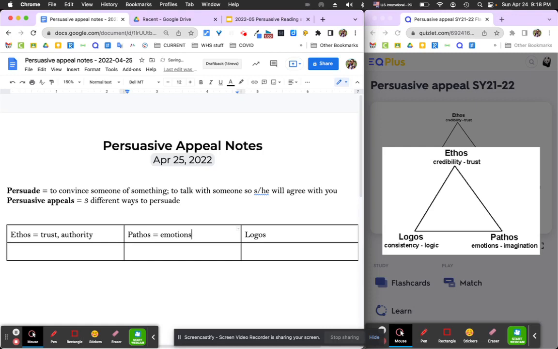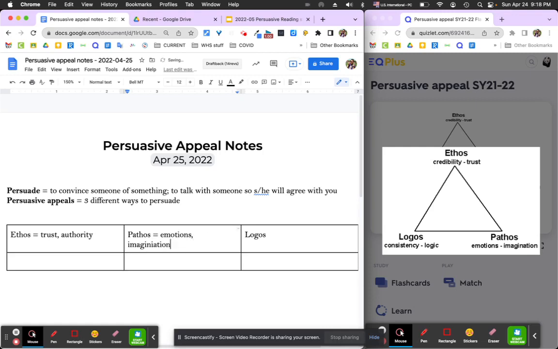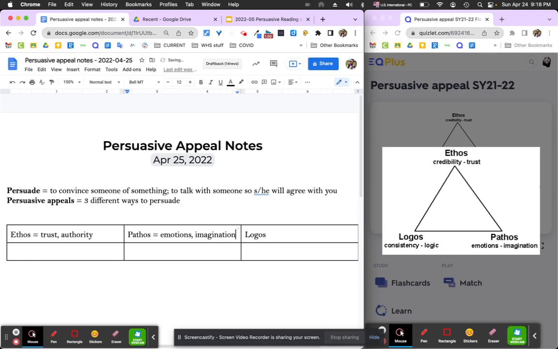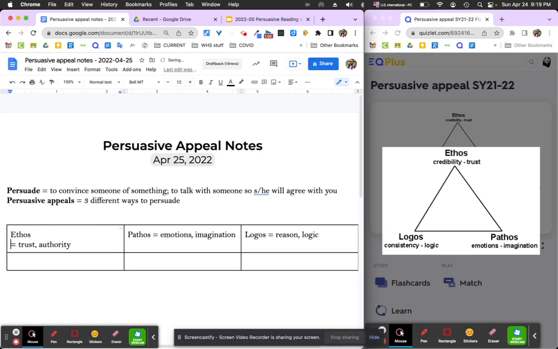Oh, that one's new for me. Imagination as well. And logos is going to be your reason or logic. So those are the three ways to categorize these persuasive appeals: ethos, pathos, and logos. That's your definitions. I'm going to put them on separate lines so you can see that, and then we're going to go into each of them and break down how we do each of them.